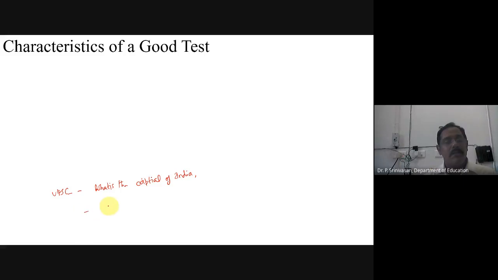Then the other one, who is the Prime Minister of India? So these questions are coming. If like this, you are setting some 50 questions, like these well-known questions, and you are giving them to the probable candidates, those who want to clear the examination or want to get appointed to a post.